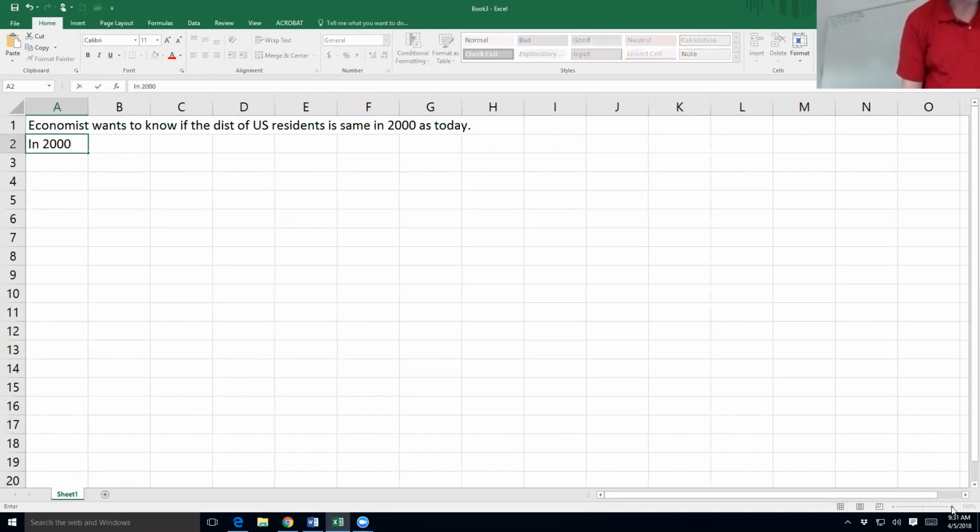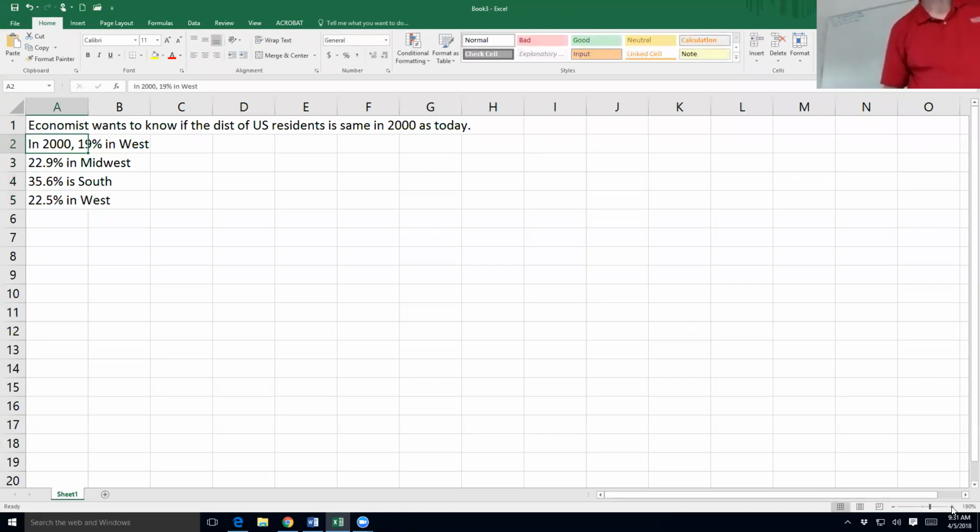In 2000, 19% were in the West, 22.9% in the Midwest, 35.6% in the South, and 22.5% in the West. Oh, 19% are in the East. Sorry, that first one should be East.